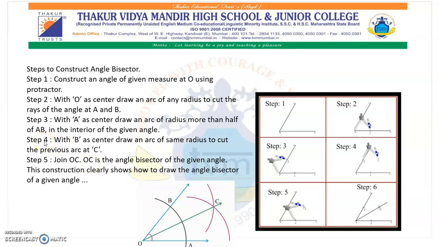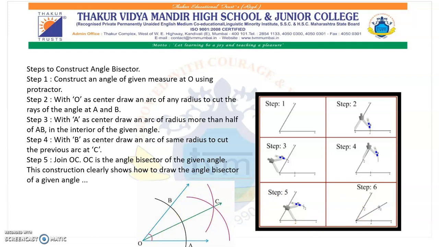In step 4, with B as the center, draw an arc of the same radius to cut the previous arc at C. Next step, step number 5, join OC. OC is the angle bisector of the given angle. This construction clearly shows how to draw the angle bisector of the given angle.